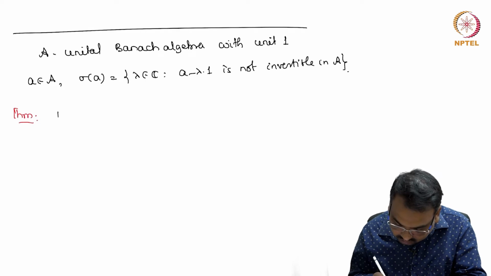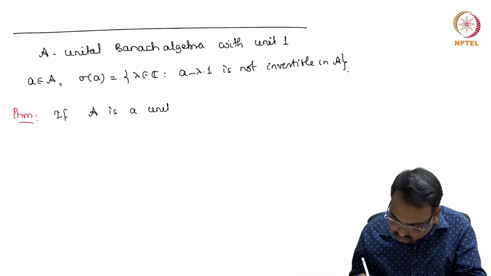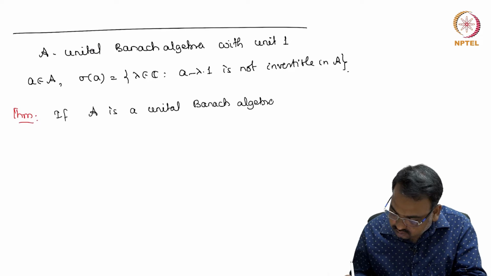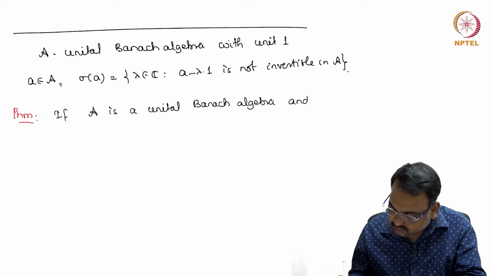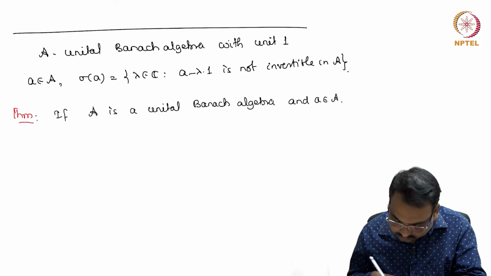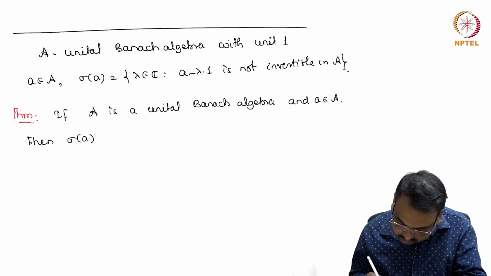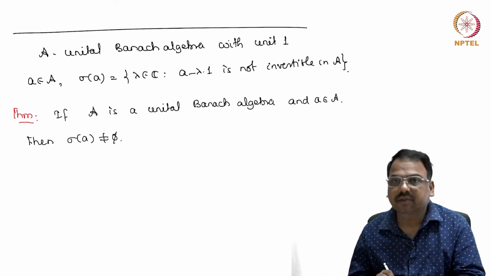If A is a unital Banach algebra, and a is in A, then the spectrum is always non-empty.